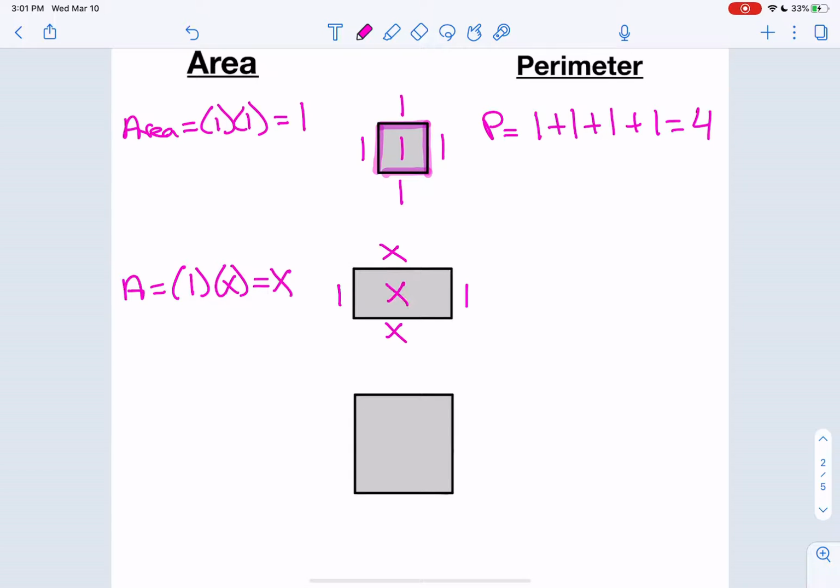So this is our x tile, or our x box. For the perimeter, it's going to be x plus 1 plus x plus 1. Once again, I just added up all the side lengths. We have 2 x's, so that's 2x, and we have 2 ones, so it's 2x plus 2.